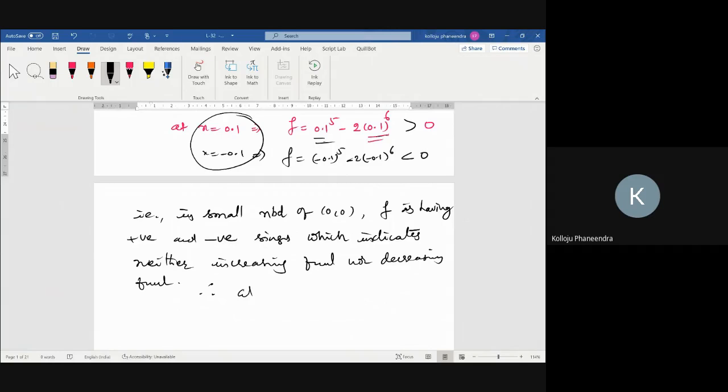Therefore, at (0, 0), f has neither maxima nor minima.